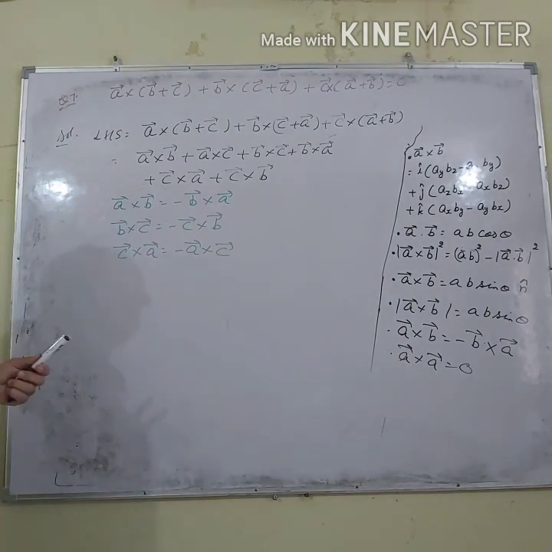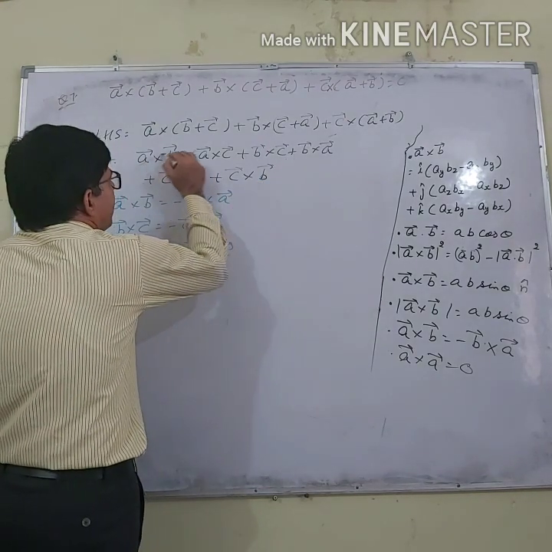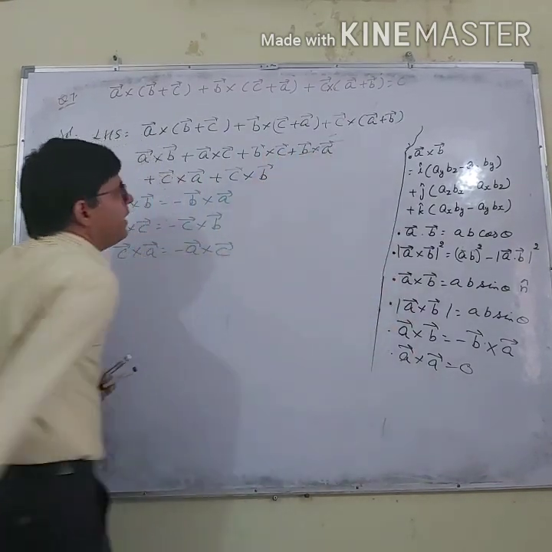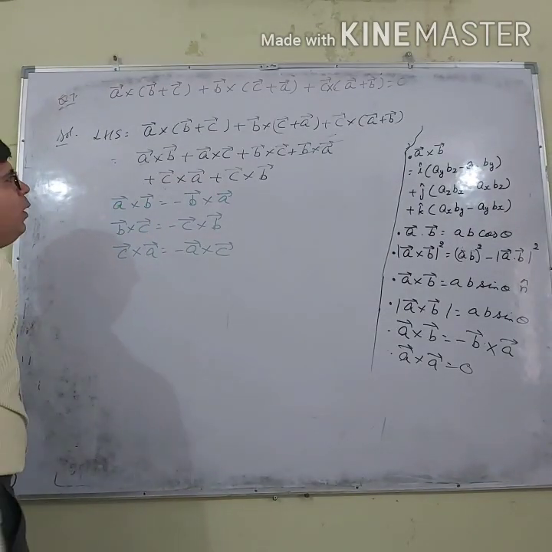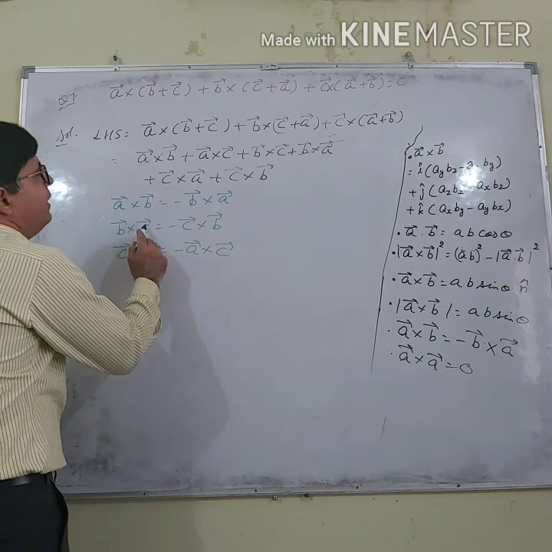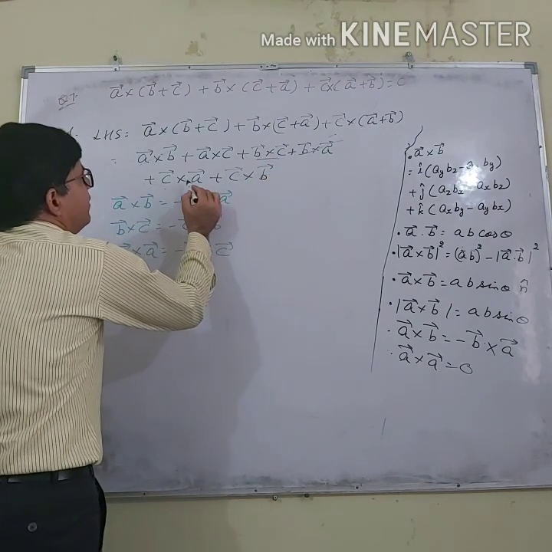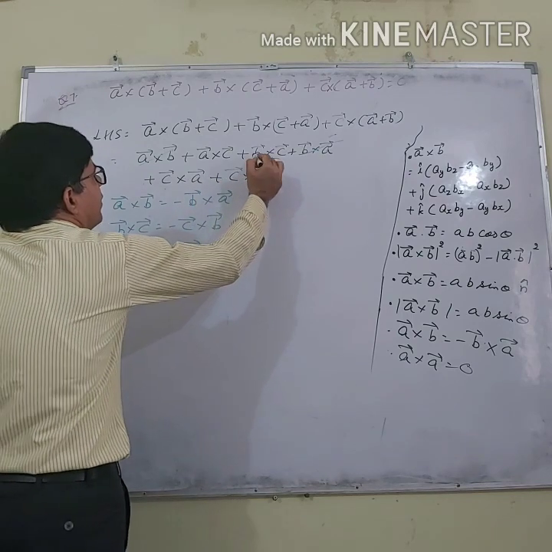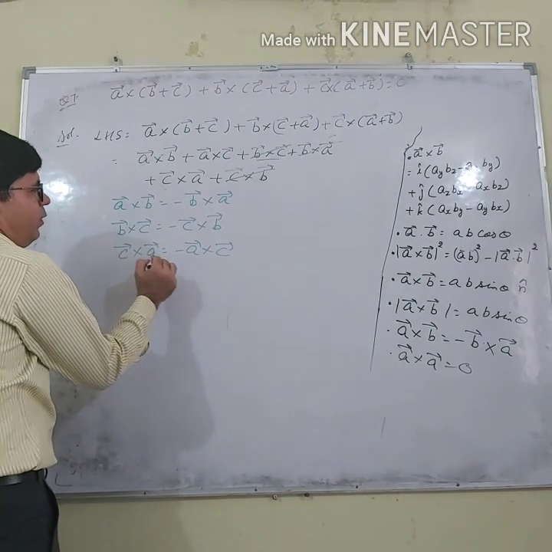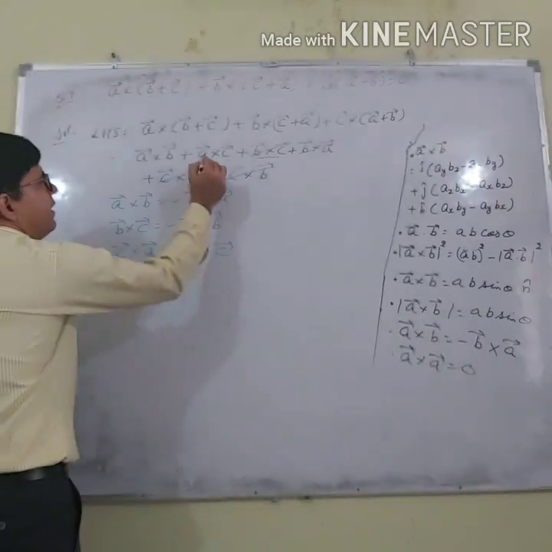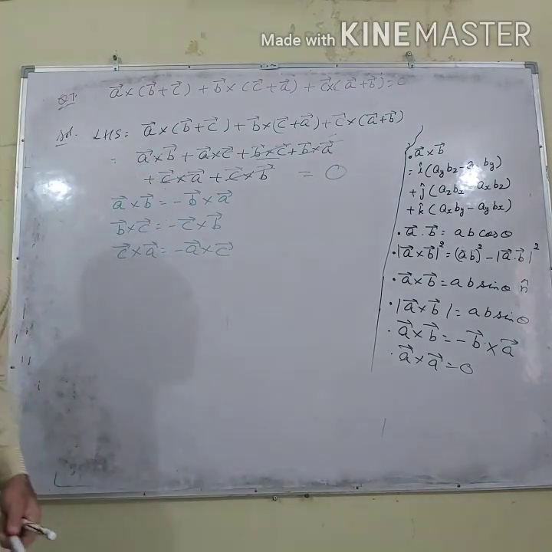So which terms will cancel? A cross B and B cross A are cancelling. Why? Because one is the negative of the other. Now B cross C and C cross B are also cancelling each other. Now C cross A is minus A cross C, they are cancelling each other. So what is the answer? Answer is 0.